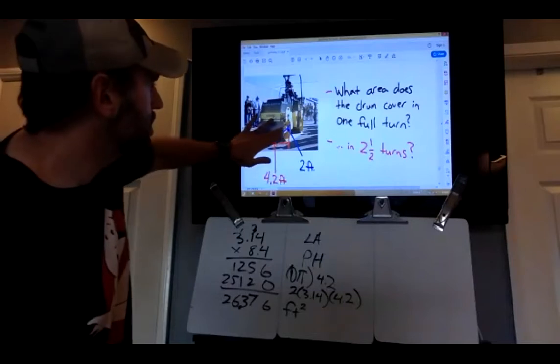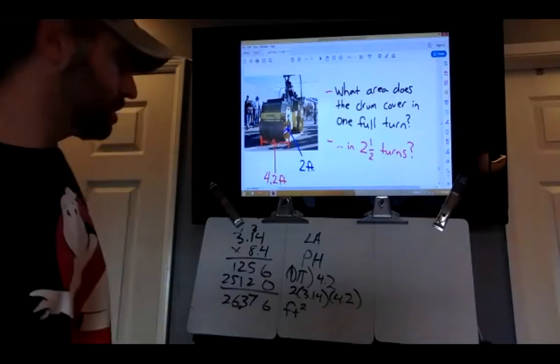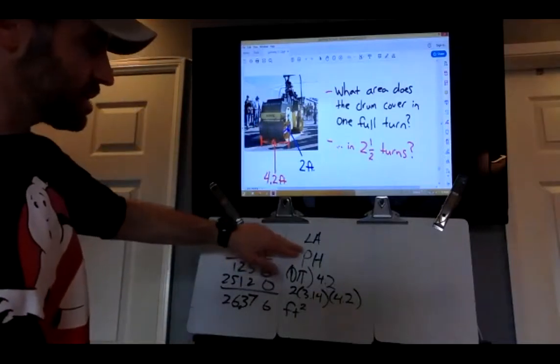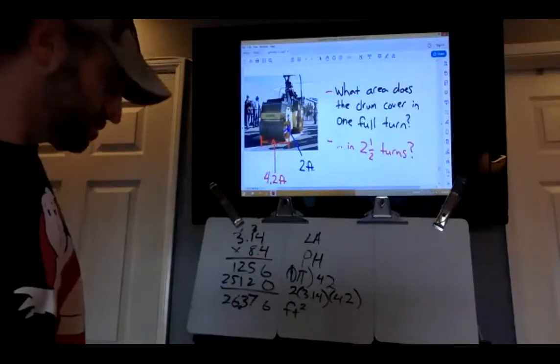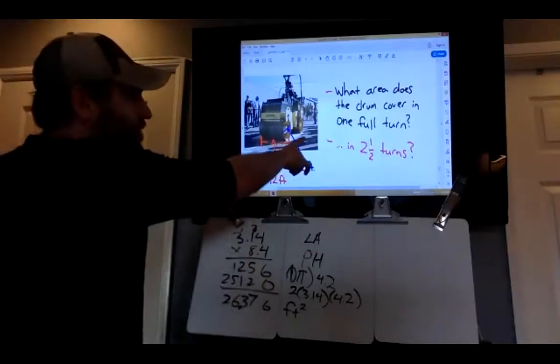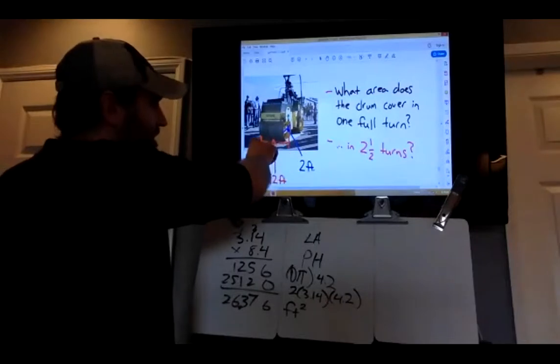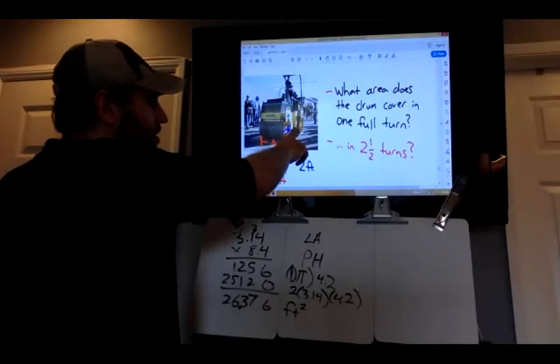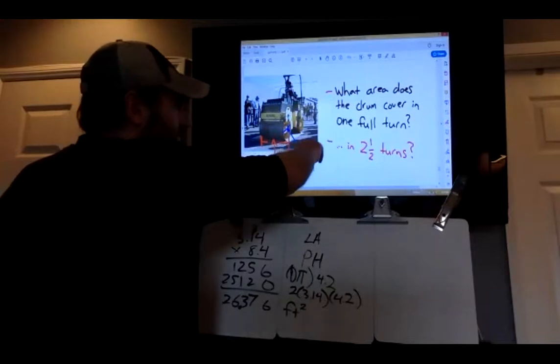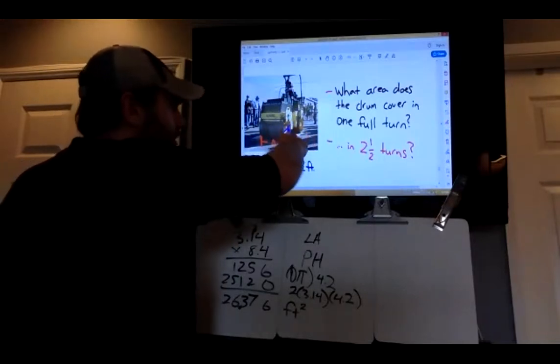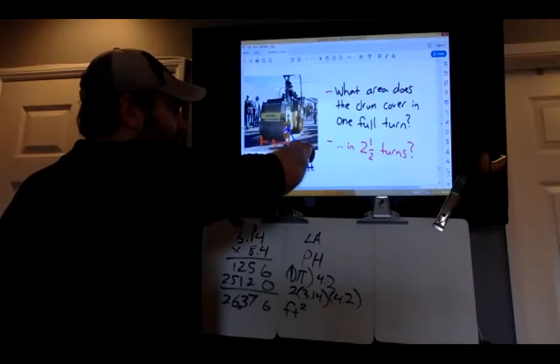Wait, so you found the lateral area is the area of the circle times the area of the height? It's the circumference times the height. Right? Because look at the ground here, Daniel. What shape is this? It's a rectangle, right? So what's this distance? It goes around, that's one full revolution. That's the circumference.